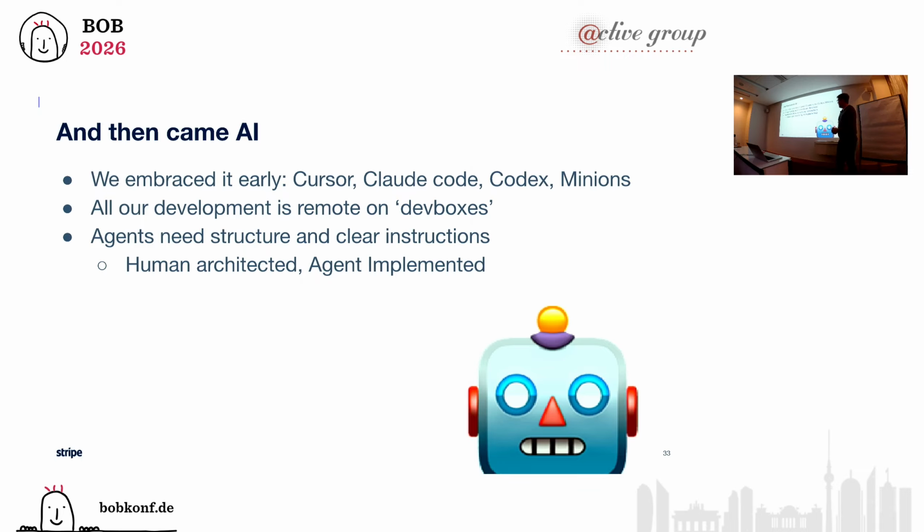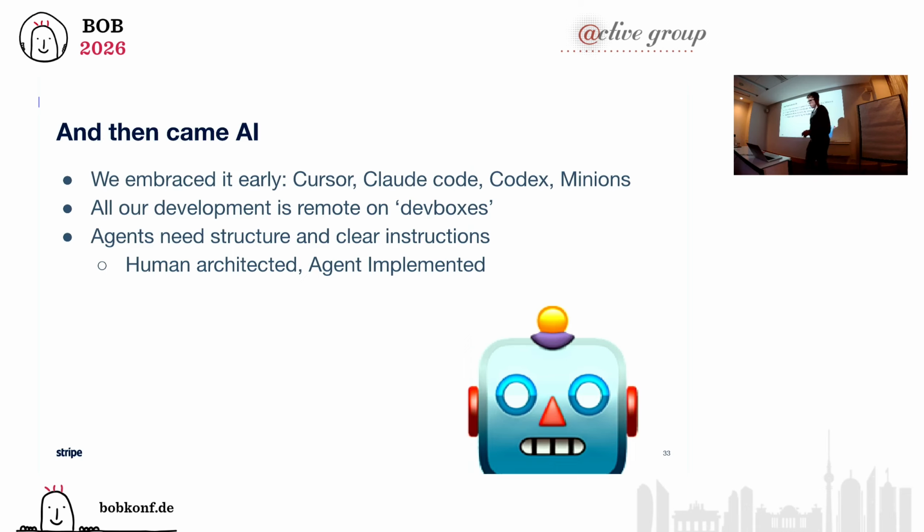And so what we found pretty quickly is that agents need structure and clear instructions. So we came up with this term, human architected and agent implemented. And we introduced a language, CML, that is really nice to talk about code structure in a very precise and structured way.